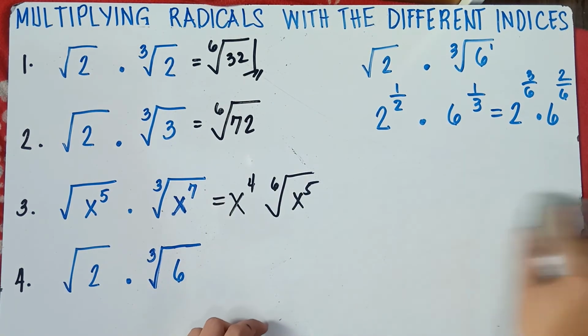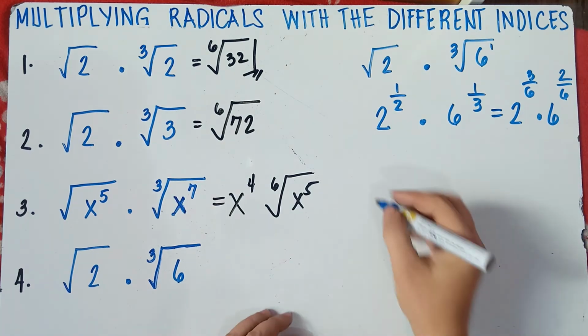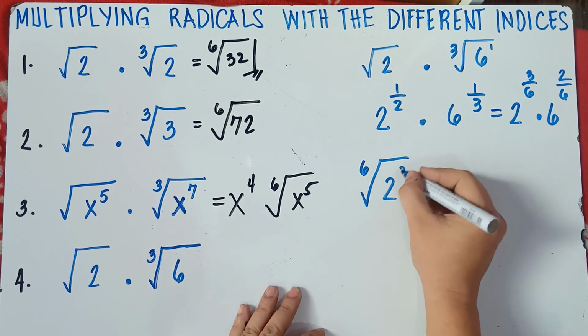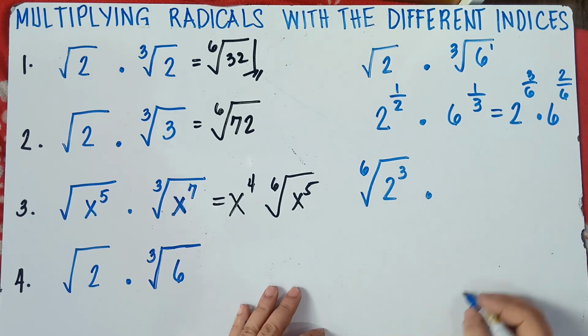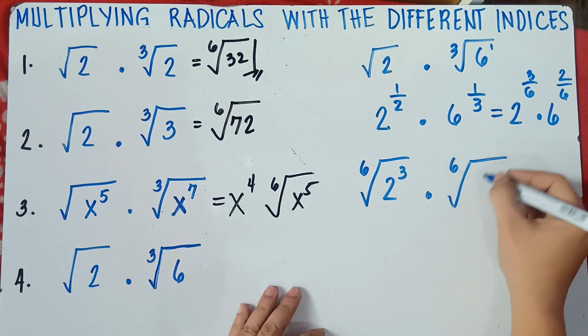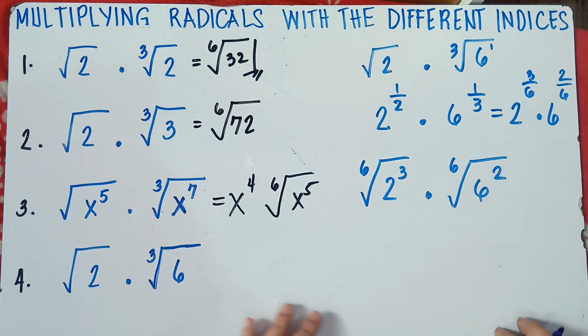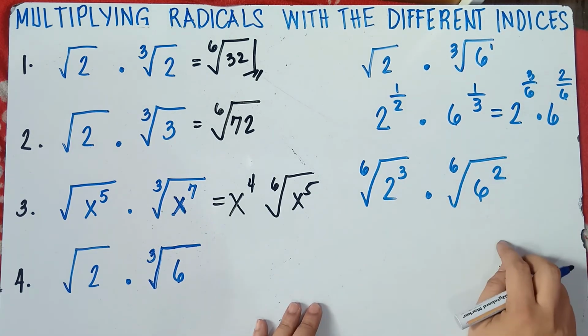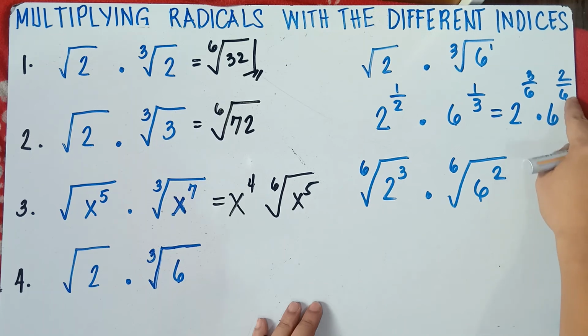Then convert this into radical. This will be the 6th root of 2 raised to the power of 3 times the 6th root of 6 raised to the power of 2.